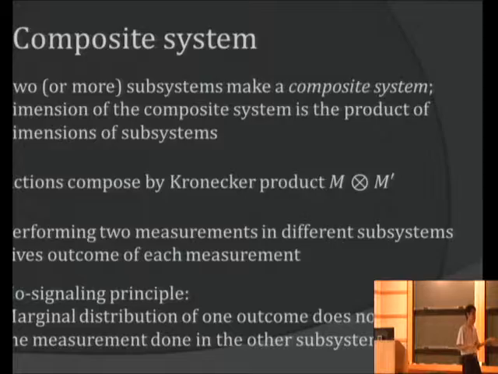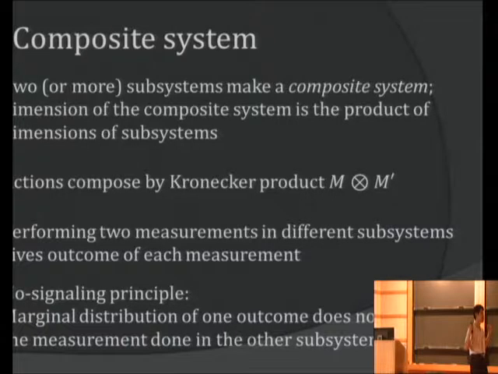This is sometimes called the no signaling principle. Just by sharing a quantum state and measuring one subsystem, we can't affect the probability distribution of the outcome of measurement at the other subsystem. That's assuming that it's a tensor product state?